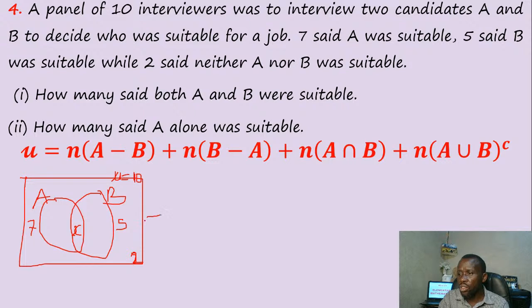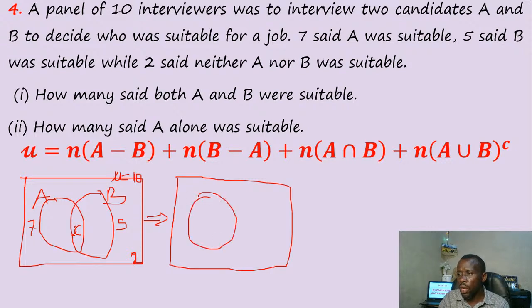Now the next is, let's redraw the diagram. A big one, another circle. Our universal set is 10. Now our 2 is outside here. Please don't forget that 2. Now my X is at the center, right?